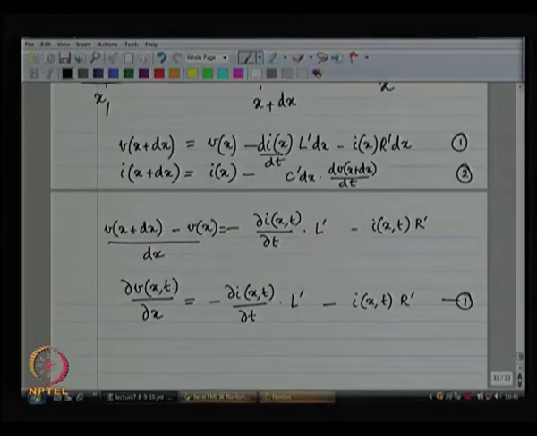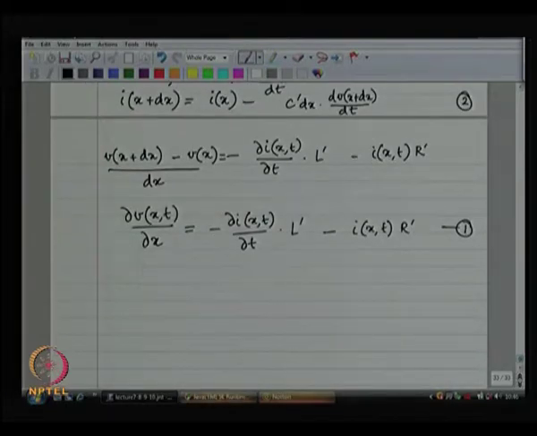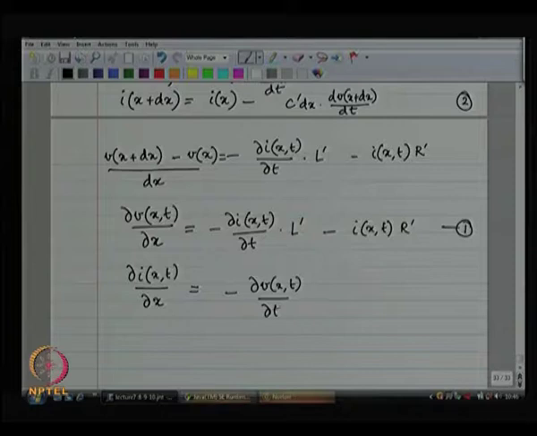And if I rewrite equation 2, similarly, I am going to get dou I of x,t by dou x, and that is going to be equal to minus dou v of x,t by dou t times c prime.